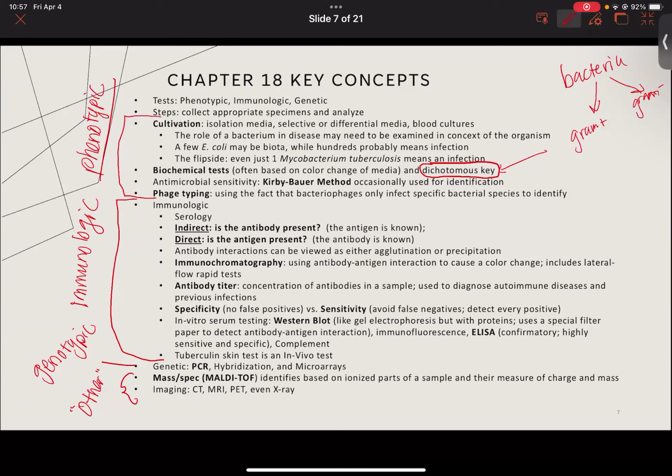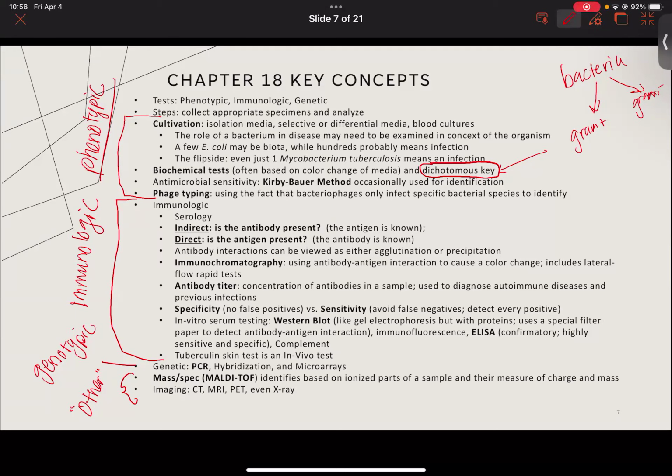Phage typing. We learned in chapter 7 when we learned about viruses that bacteriophages are viruses that infect bacteria. Viruses that infect bacteria only infect one species of bacteria. Always. That's a hard and fast rule. So a virus that infects E. coli can only infect E. coli.